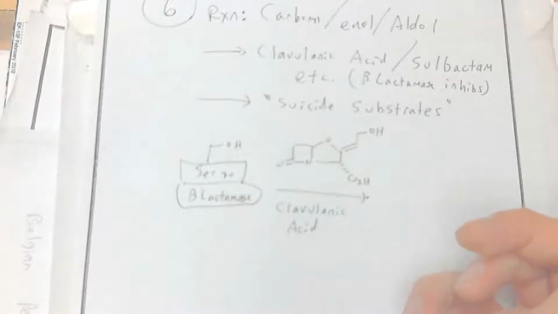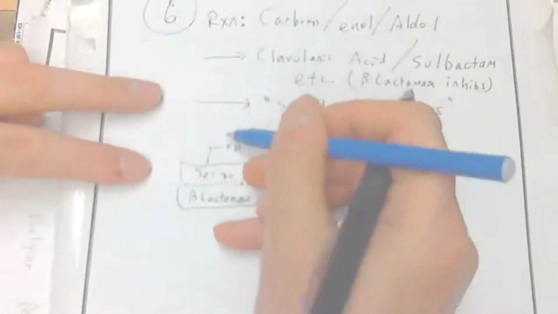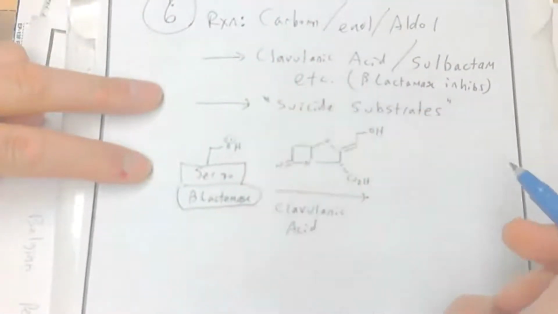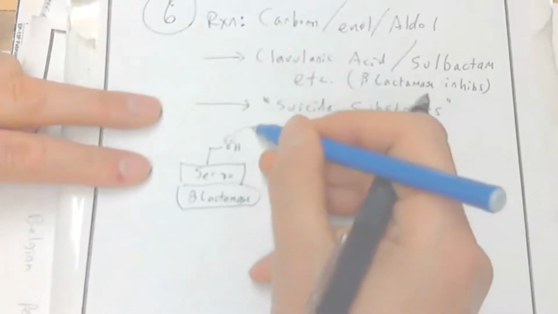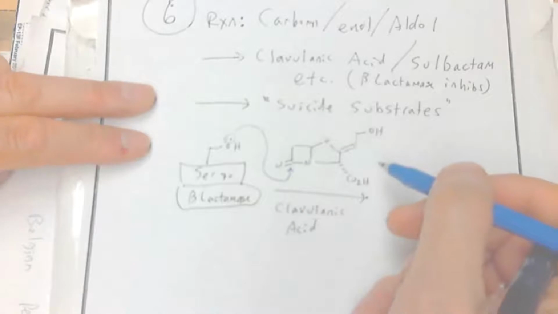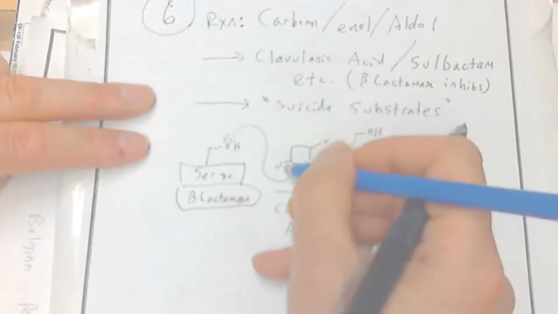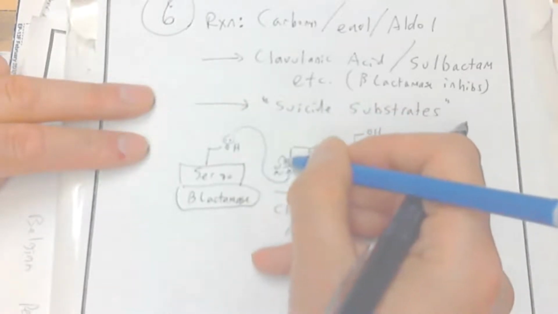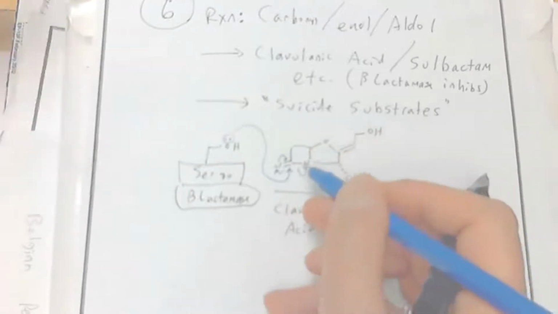And like I said, what actually happens is right out of your organic chemistry textbook: the alcohol attacks, and then electrons go onto the oxygen, go back, and break open the beta-lactam.